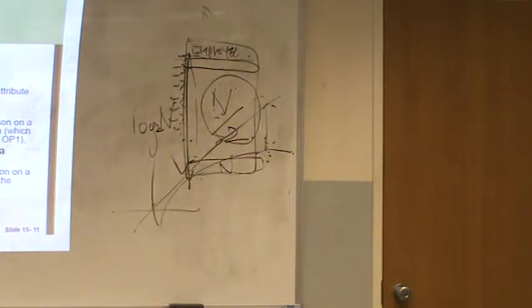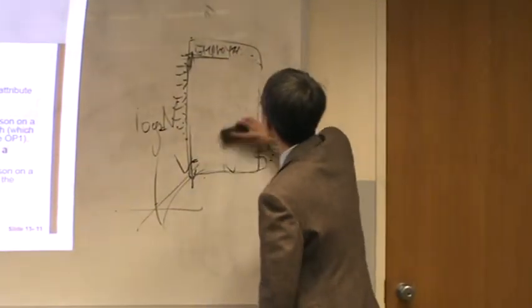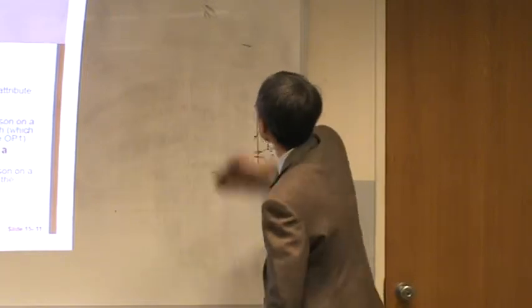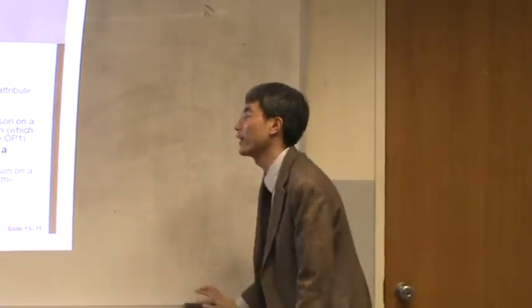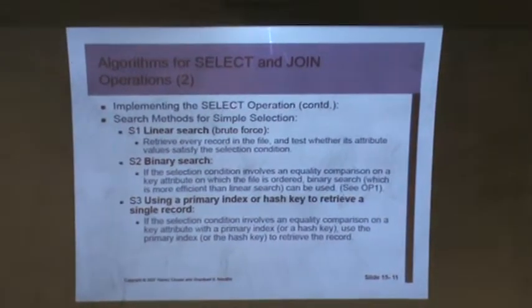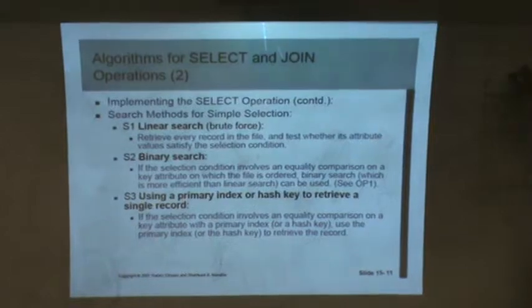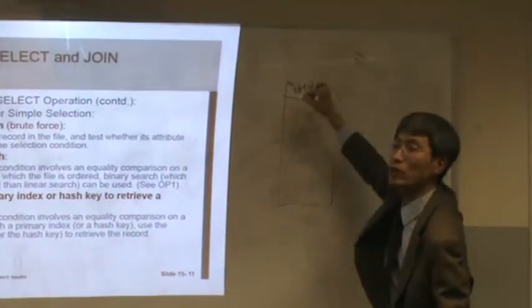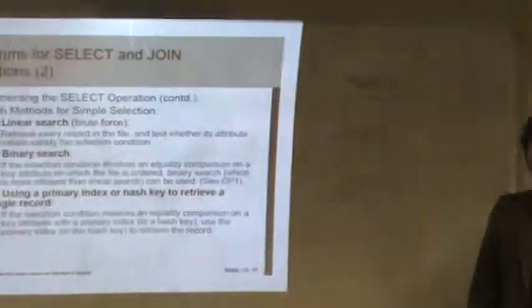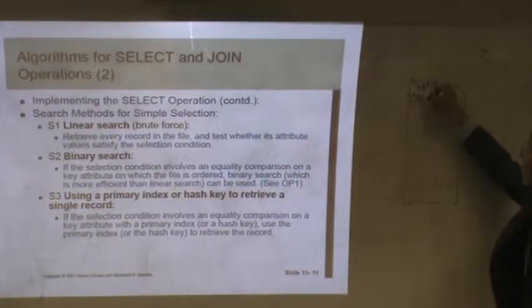Okay, the next way is the primary index or hash key to retrieve a single record. This employee table is not sorted, but it has a unique attribute, which is the social security number.